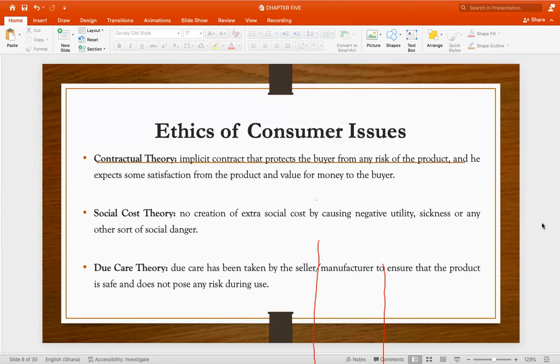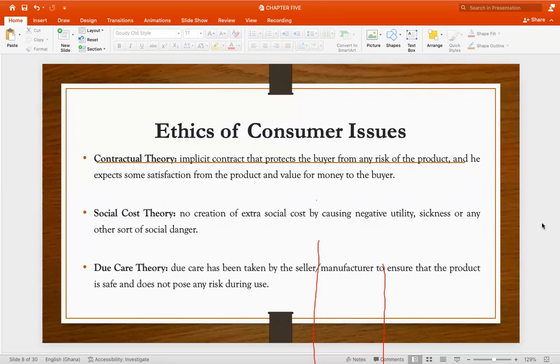He should not suffer unduly by purchasing your product, and he should have satisfaction from the product and value for the money that he or she is spending. That is contractual theory.